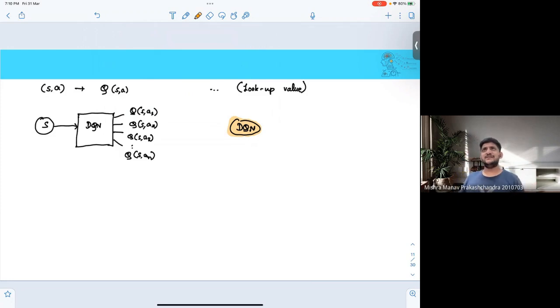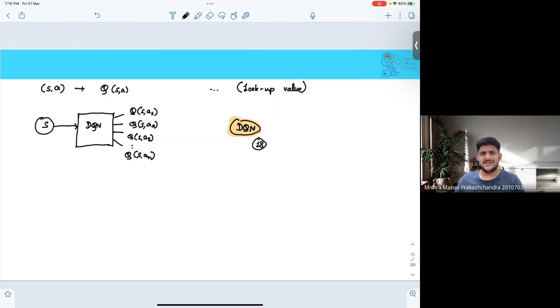So for an Atari game, you have 18 states in an Atari game setup, and in that particular paper, it was trained to play some 60 different Atari games which are available.